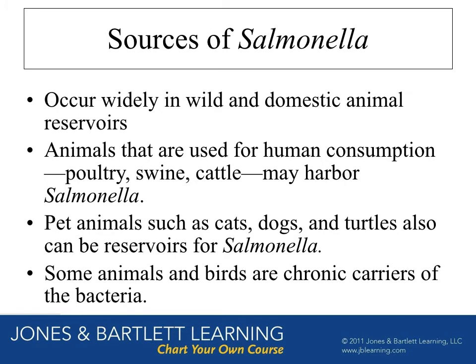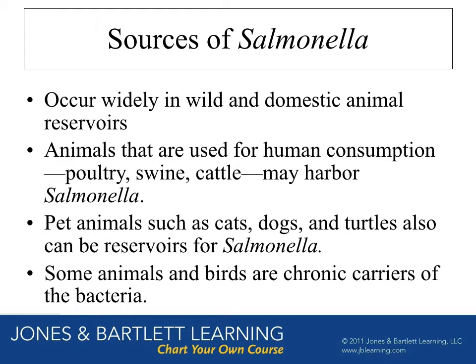And some of the sources here, Salmonella, it's widespread. It's almost everywhere. Wild animals, domestic animals are big reservoirs for that. Animals that are used for human consumption may have it, so we see Salmonella cases in processed beef, pork, poultry. Animals can also carry this and be reservoirs for Salmonella.